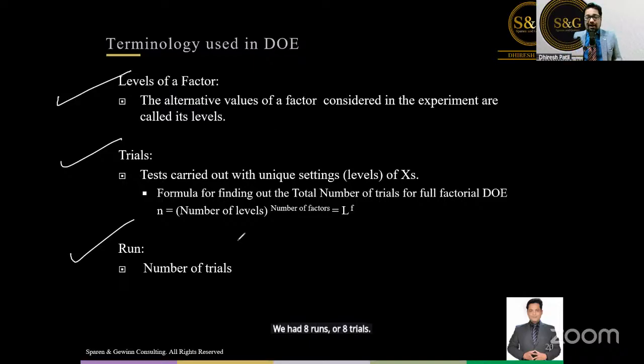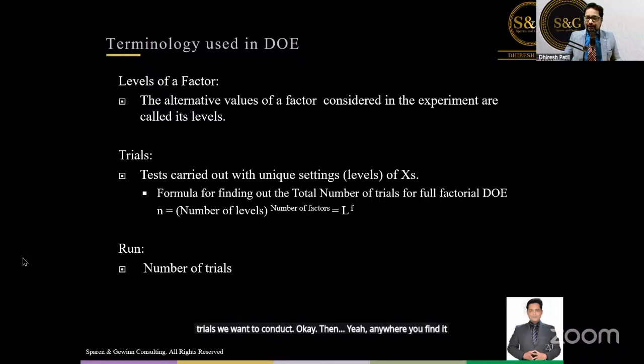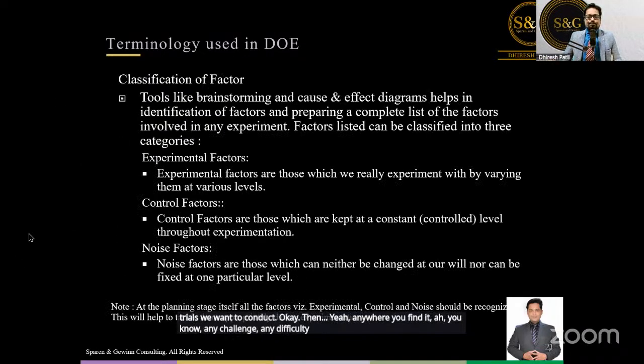And how do I identify this? N is equal to L raised to F. Remember this formula to identify the number of runs or trials we want to conduct. Anywhere you find any challenge or difficulty, please let me know.